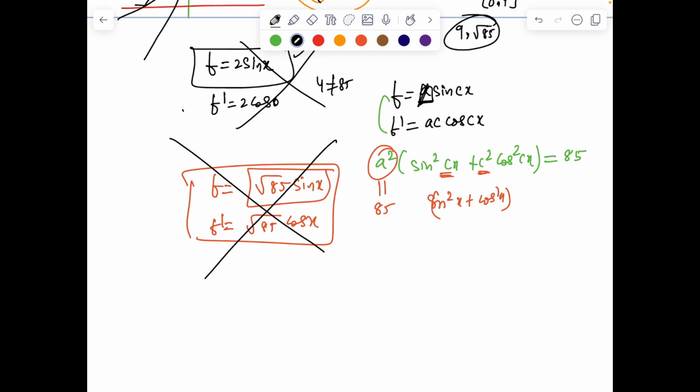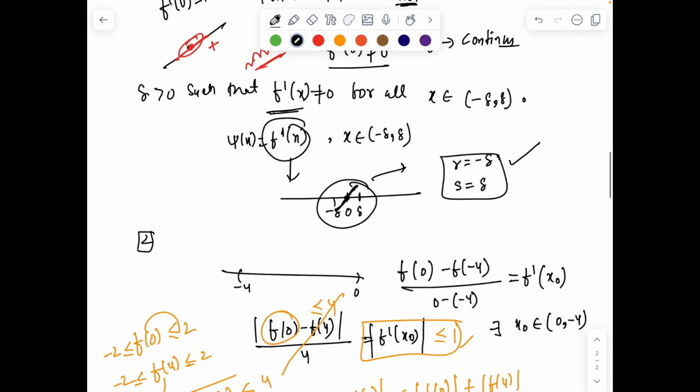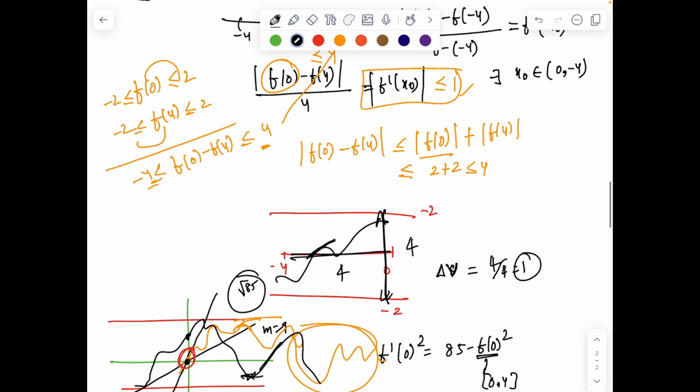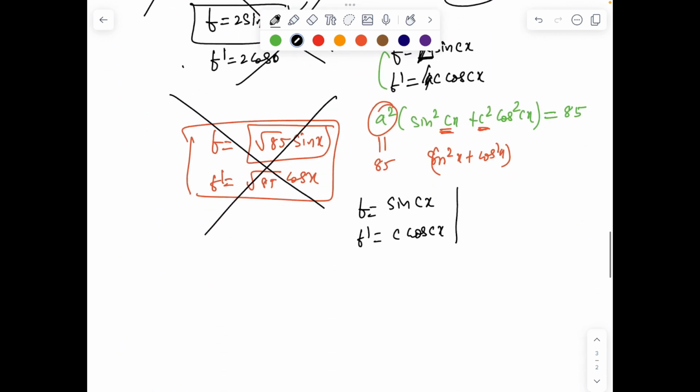Then again I can come, let's say suppose I choose a as 1, and instead of this I choose sin cx as a function and its derivative is c cos cx. I am just giving you from where this idea is coming, right? If you want to give a counter example. So now it is like sin square cx and f dash x square at 0 is basically c square, right?